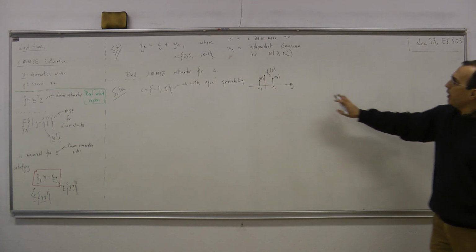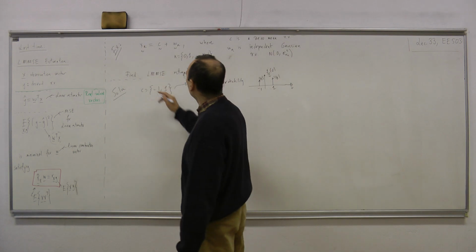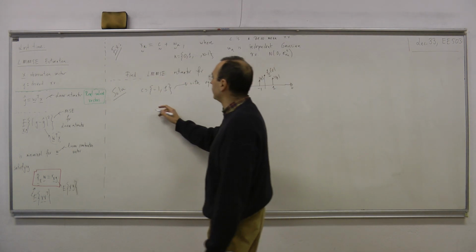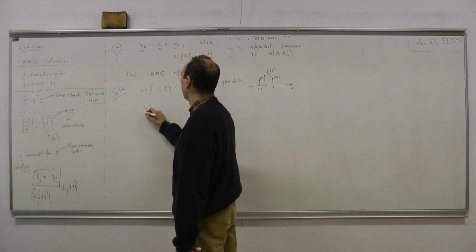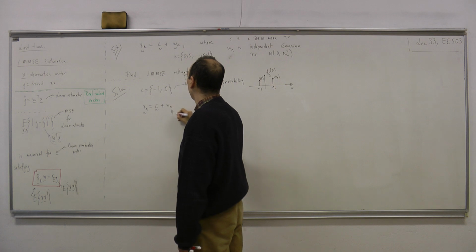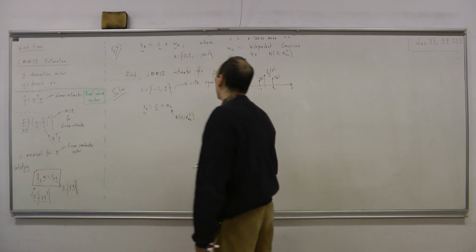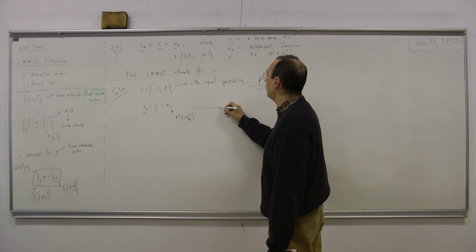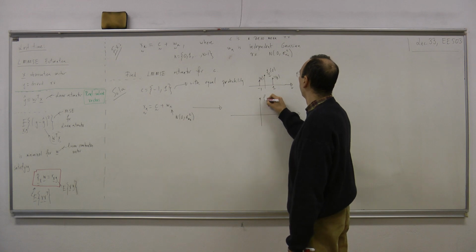If I have such a C, then what's my observation? My observation is the noisy version of this. Let's say the nth observation. As you see, I'm trying to understand the problem right now. Can we sketch the density of this observation?